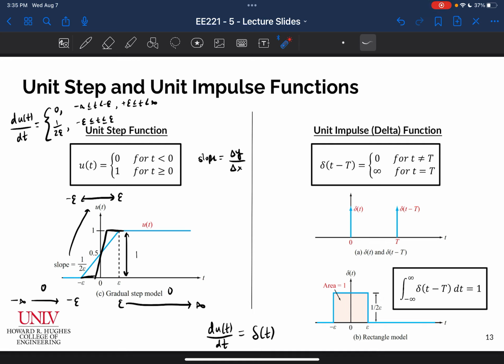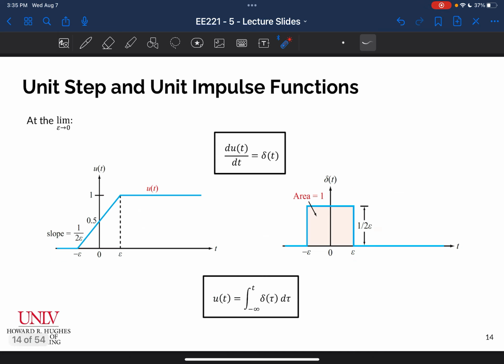And even more specifically, the unit impulse function is the derivative of the unit step function when we let epsilon go to 0. So at the limit as epsilon goes to 0, of course, we get an infinite slope at one particular point. In this case, it's going to be at time t equals 0.